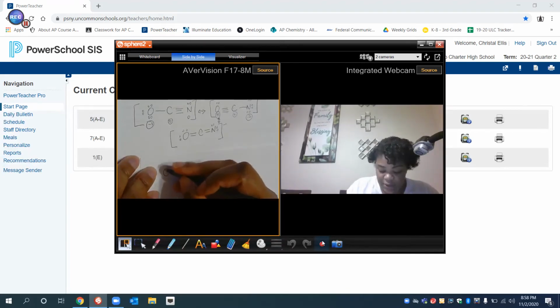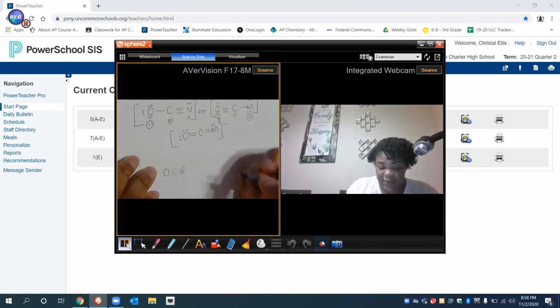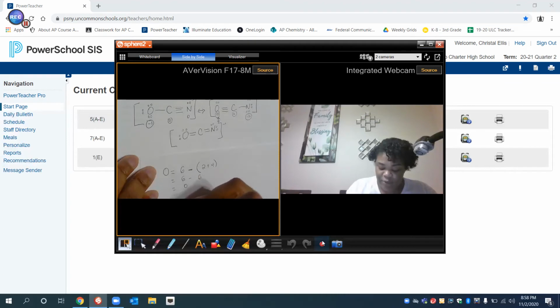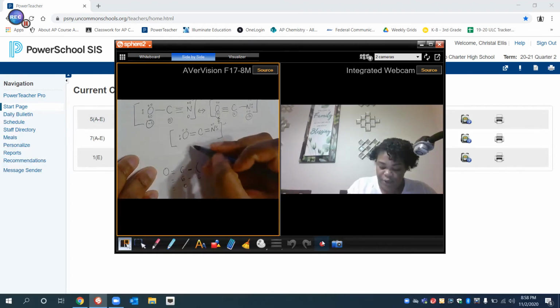It's group number 6, so it has 6 valence electrons, minus the bonds and the dots. There are 2 bonds and 4 dots. So it's 6 minus 6 equals 0. Do the same thing for carbon, but we already know that carbon should have a formal charge of 0.